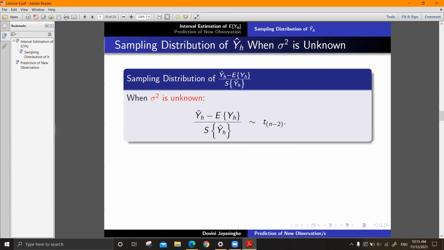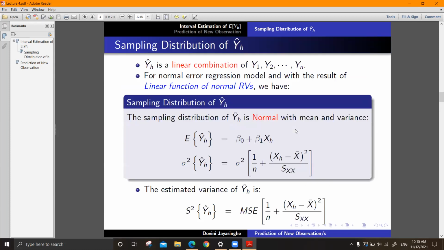Okay, sampling distribution of Y_h hat where sigma squared is unknown. Just because this particular thing is normally distributed, we know we can standardize that, right? How do we standardize?